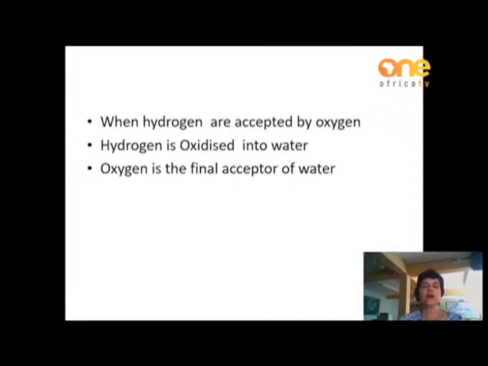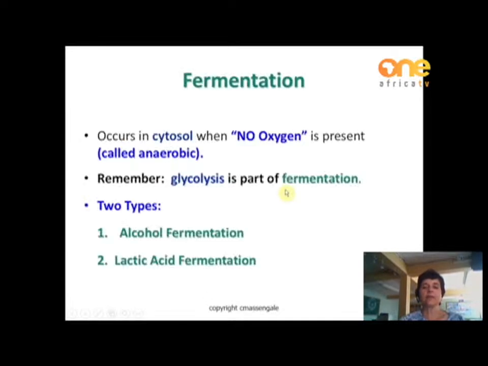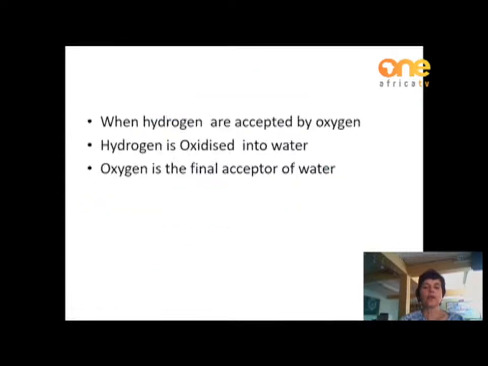When hydrogen is accepted by the oxygen, we have the formation of water. We say that hydrogen is oxidized into water because hydrogen gains an oxygen. Oxygen is therefore the final acceptor of hydrogen.